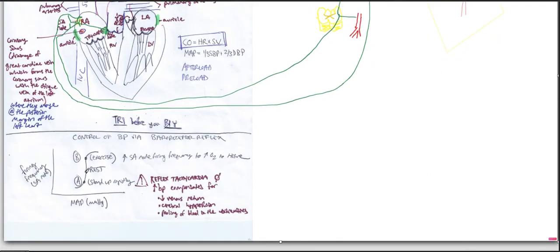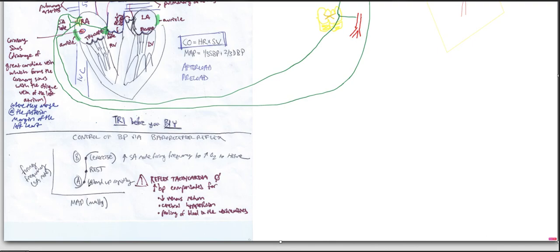So as you can see here, it's also reflex tachycardia, increased BP for lower blood pressure. You can see here the firing frequency of the SA node increases to increase O2 to the tissues.